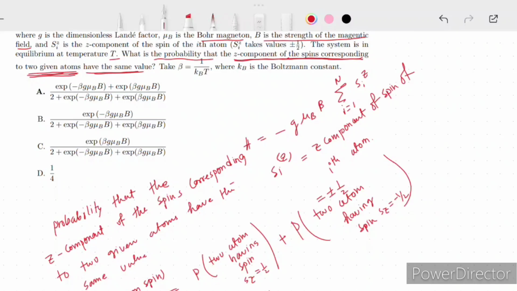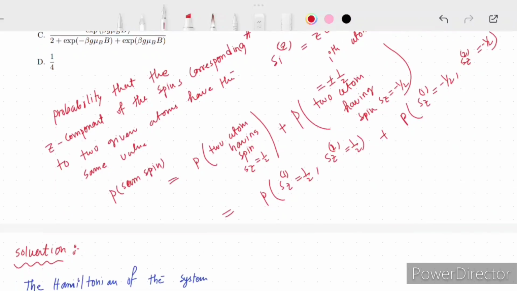So that is equal to the probability for Sz1 equals half and Sz2 equals half, plus the probability for Sz1 equals minus half and Sz2 equals minus half. This is the actual formula for this question. Okay, you just solve it.